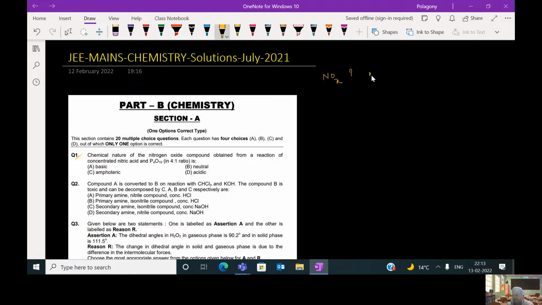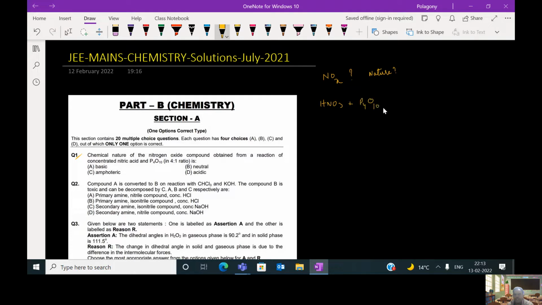Then its nature we should write. The reaction between nitric acid HNO3 plus P4O10.